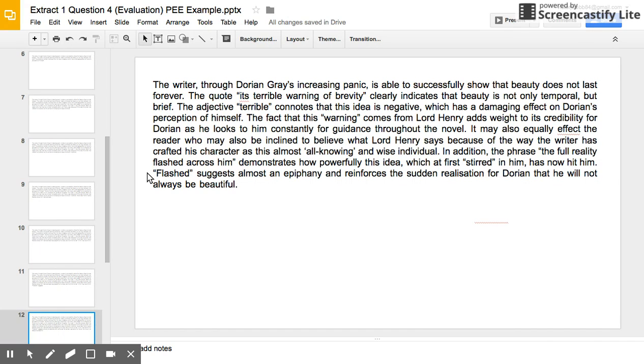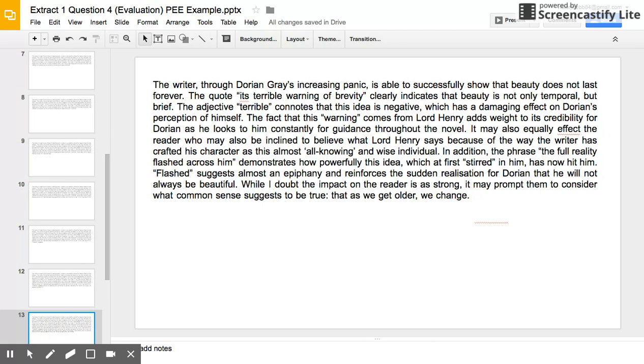Keyword. This time I didn't introduce the keyword because I want to get a bit of variation. Obviously, I could have stated the word or whatever language feature it was, but to get a bit of variation, you can start a sentence just with a quotation. This is really where I feel like, okay, I know I need to talk about what the writer's doing.